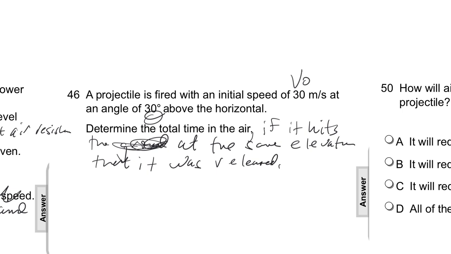Okay, so we should be able to do this. There's 30 degrees. This is VO. I think I did this one already. So VOY equals 30 sine of 30, equals 15 meters per second.